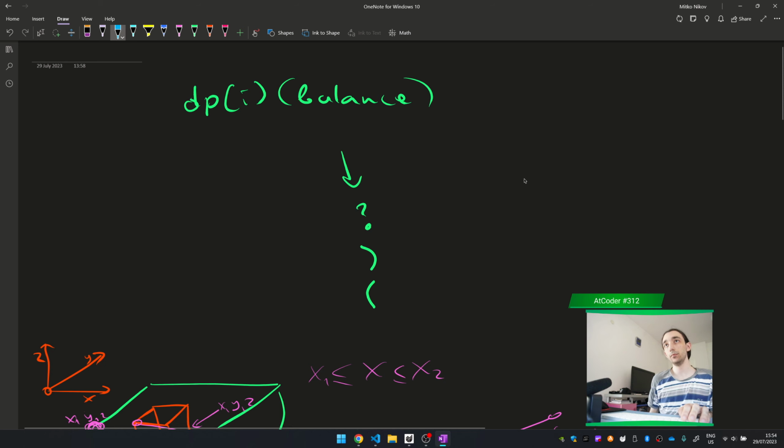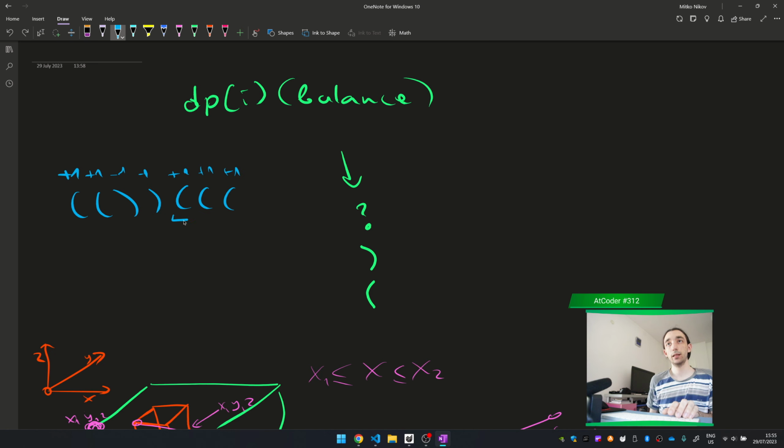So if the balance up to this index is equal to +3, let's say I have something like this, +1, -1, +1. No, this is +1, -1, -1, plus 1 plus 1 plus 1.